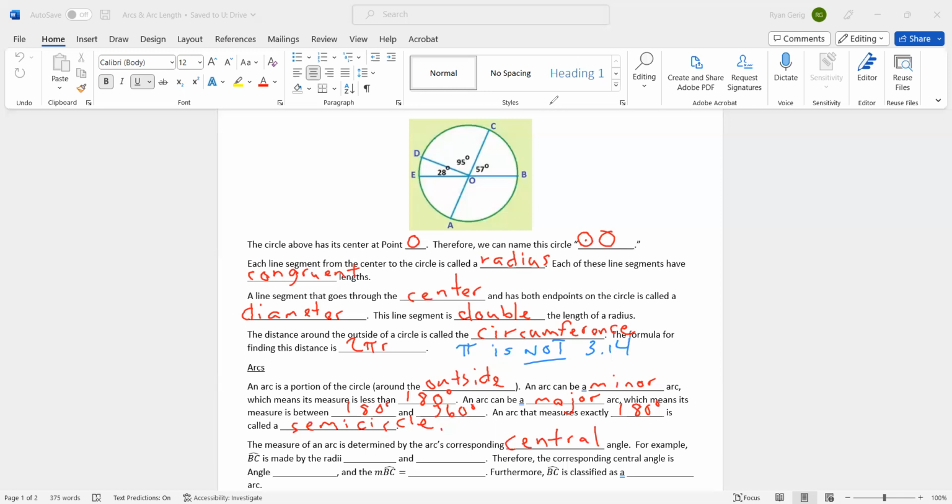So this one's pretty easy. For example, arc BC, which is this arc up here. Look at the circle that I'm drawing on. That's the arc BC. It's made by the radii CO and BO. Give it like a slice of pie or pizza. The corresponding central angle is angle COB.